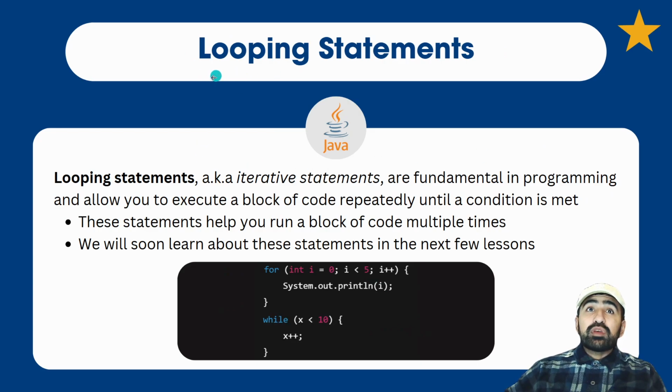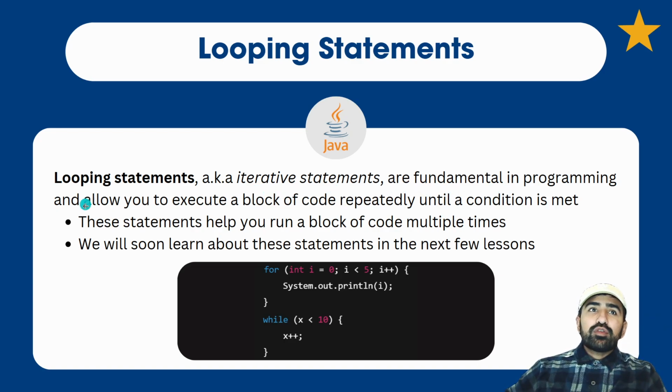And then, of course, looping statements. I saw this a lot in the discussion assignment on your journey in the Java language so far. I saw some of you talking about how loops can be a little bit daunting, a little bit intimidating. Again, something we'll cover in some of the future lessons. Another name for looping statements is iterative statements, because every time a loop executes, it's an iteration of that code.